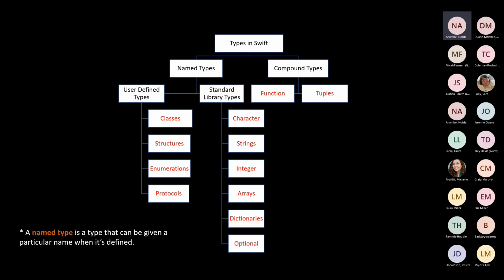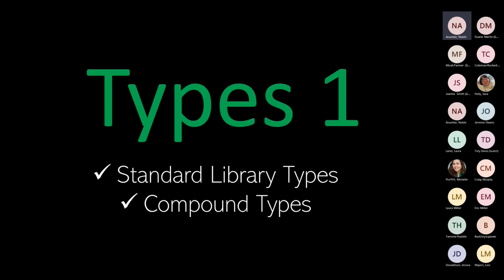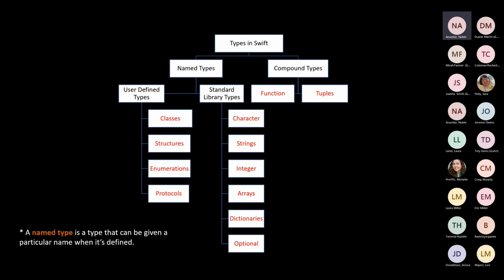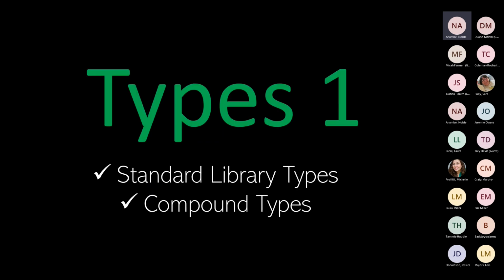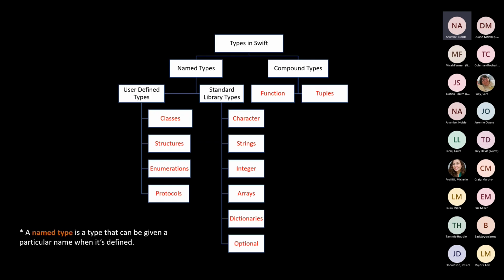So what I've done is I've decided to classify the two classifications, which will be the user types and the standard libraries, and the standard libraries and the compound types.